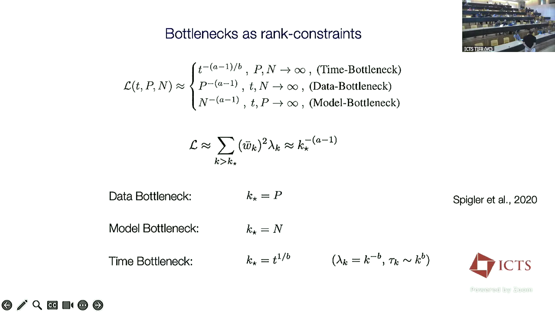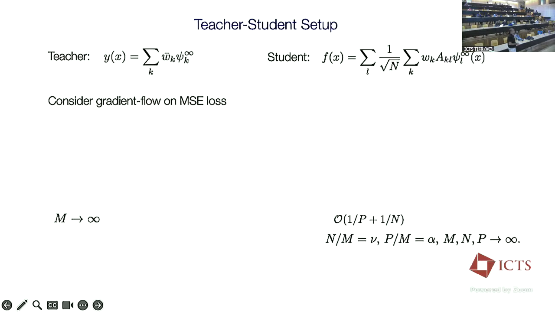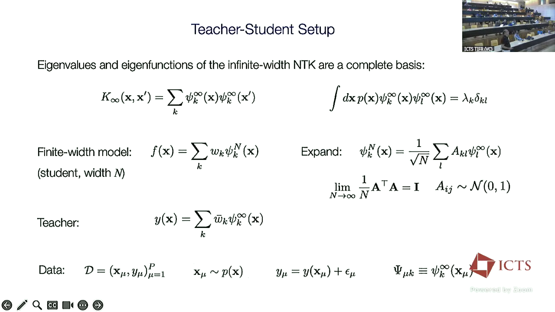Gradient flow, yeah. Are you saying that, for example, I could just do a gradient and then think about a random feature model of that sort?